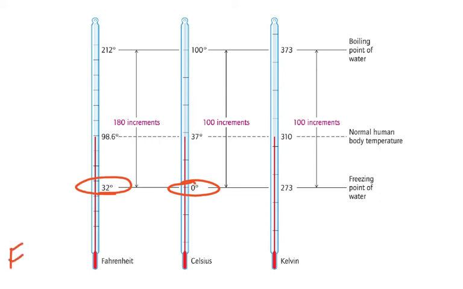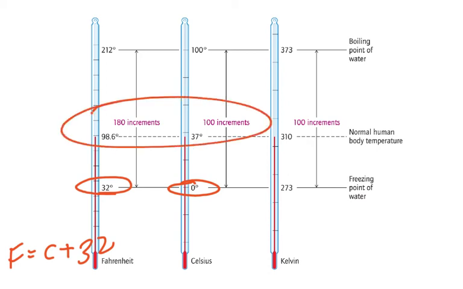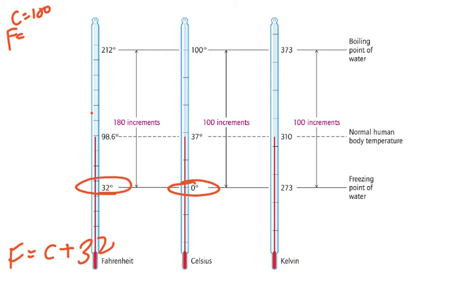Fahrenheit is equal to Celsius plus 32 at 0. But then the step size is different, right? So when you get up to Celsius being 100, Fahrenheit would be 100 plus 32, but it's not 132, right? Because the step size is different. So you have to have a multiplying factor in there as well to account for the step size.